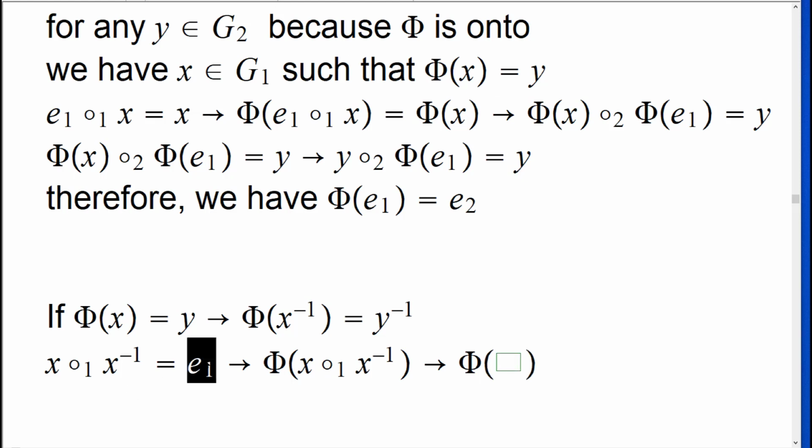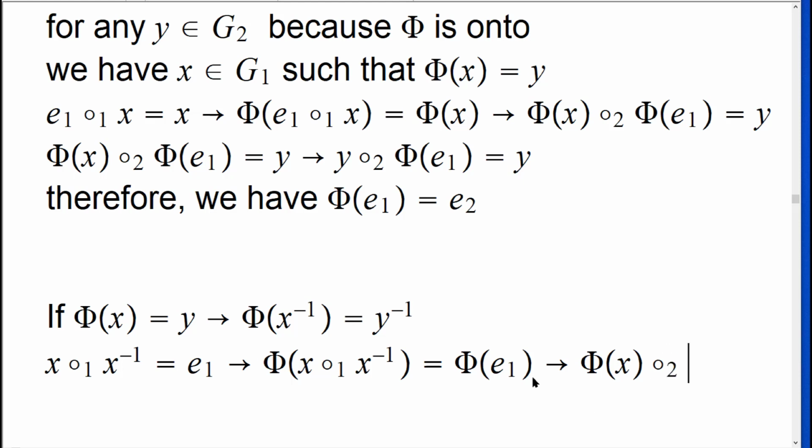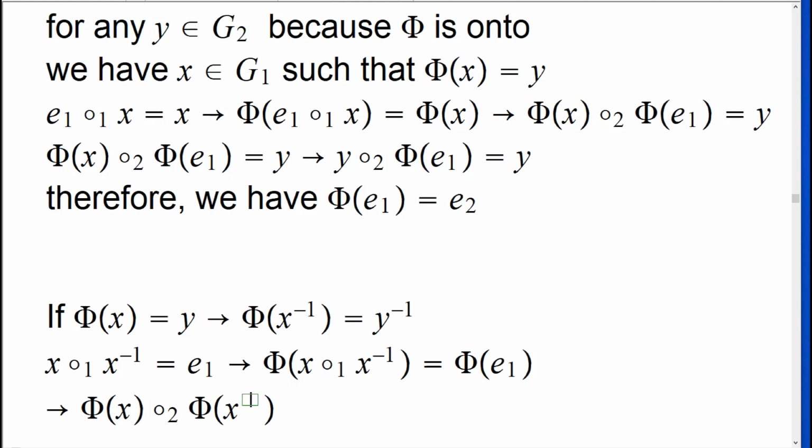That gives us that phi of x, with the operation in group 2, phi of x inverse, equals phi of E1, and we know that is E2, the identity in G2. So we got this here.